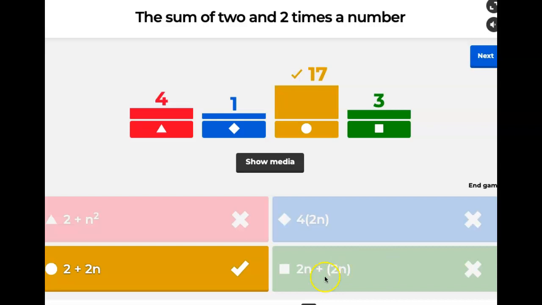It says a sum of 2 and 2 times the number. But others in the other class say that's 2n plus 2n, so it's 2 times the number, right? It's true, but it's not totally true because it is a sum of the number 2 and 2 times a number. That's why they argue with me for letter green, not the choices in green before. But thank you for that, Tiff. Let's go to next one.